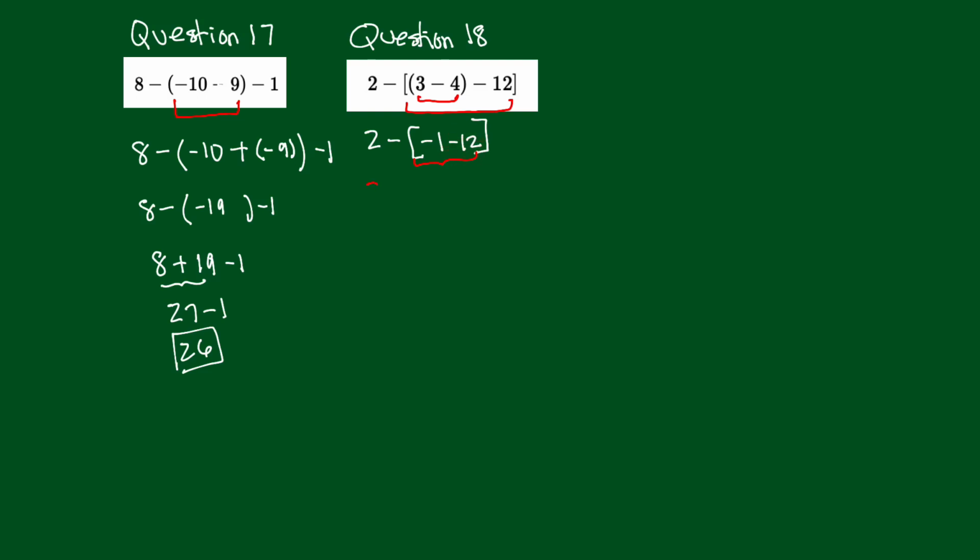So we have 2 minus negative 1. Now change that subtraction to an addition, but of the opposite. So the opposite of 12 is negative 12, and I'll write it in parentheses.